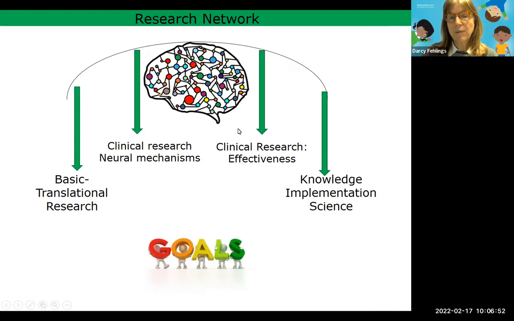So it's really a spectrum of research activities that are held together by common goals. And another important element is really having active stakeholder engagement so that the goals that are being set are actually relevant to the stakeholders.